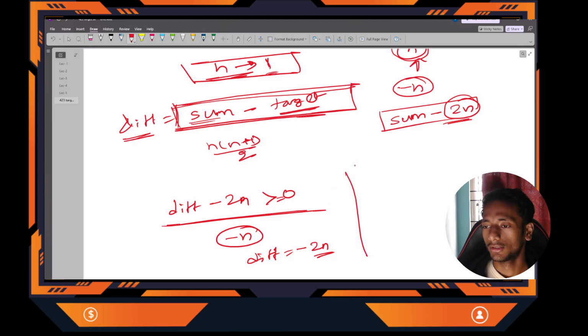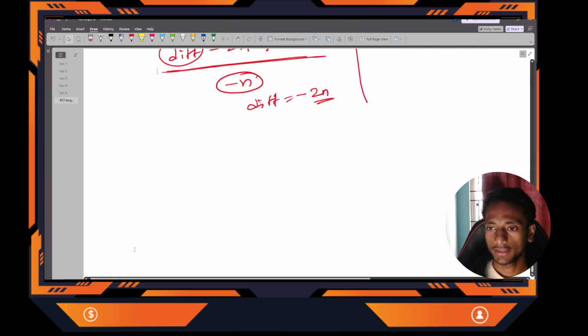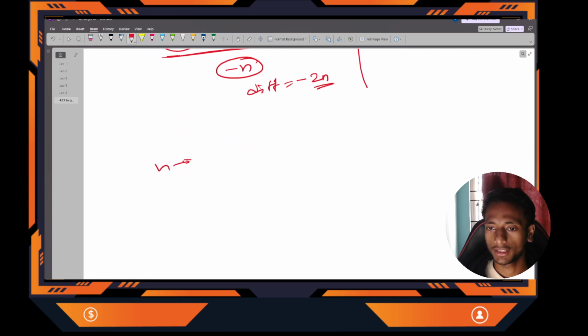Got it? And we have already made sure that this diff will always reach 0, because I can have some array where I can convert to the target sum. Clear? So I'll start from n and go down to 1.